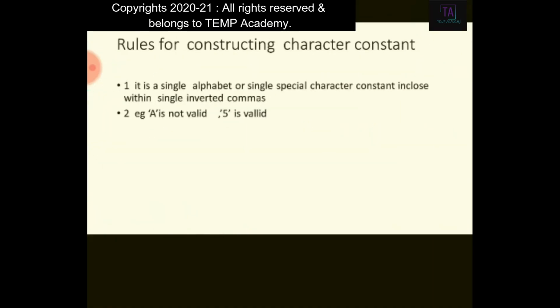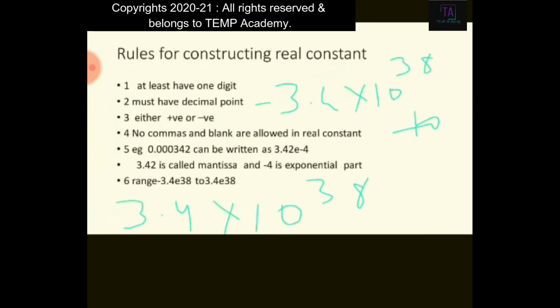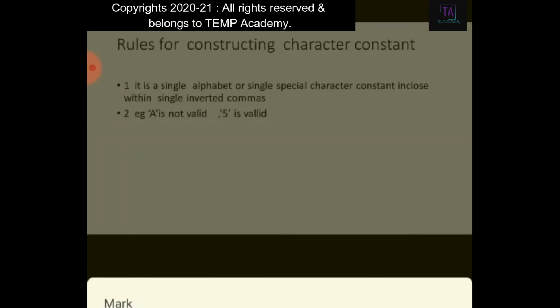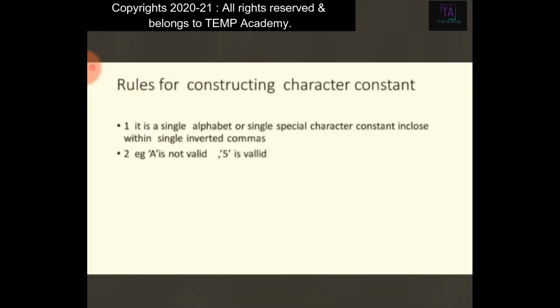And the next is rules for constructing a character constant. It is a single alphabet or single special character enclosed within single inverted commas. As we can see here, 'a' is correct, but other forms are not correct.